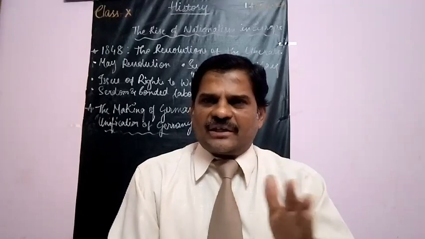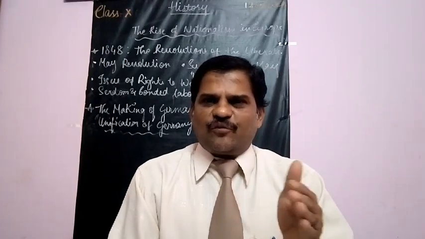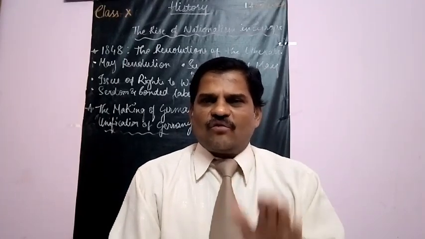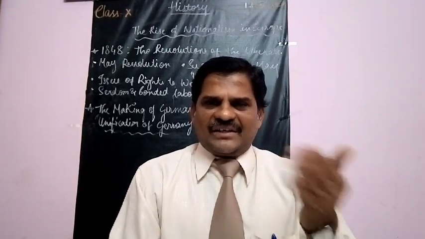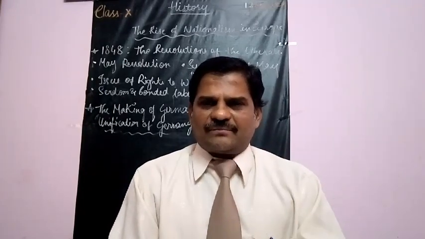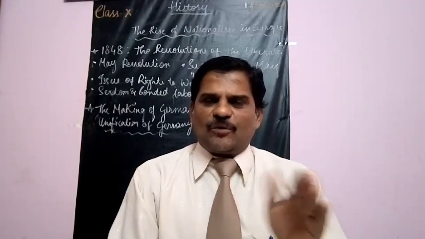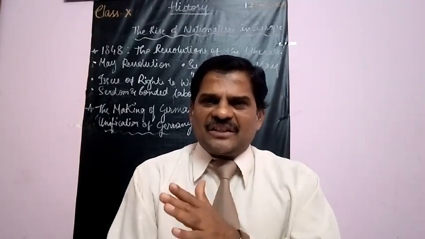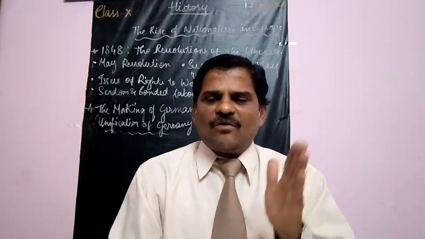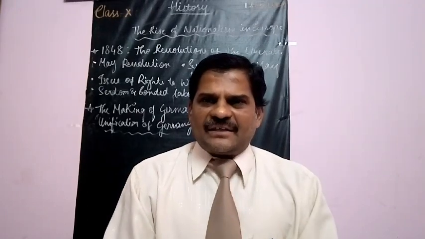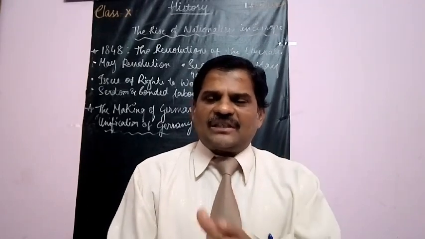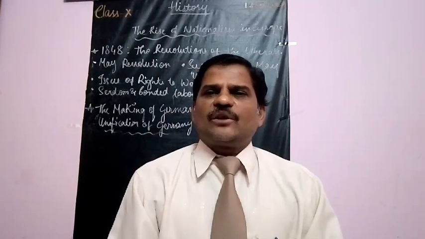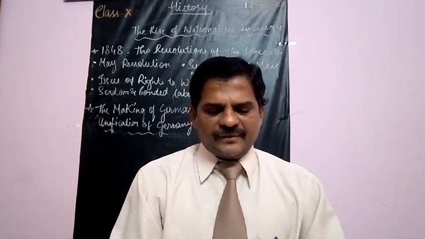War with Denmark 1864-66, Austro-Prussian war 1866, Franco-Prussian war 1870. So with the help of these 3 wars, in 7 years, he was successful in achieving the unification of Germany.